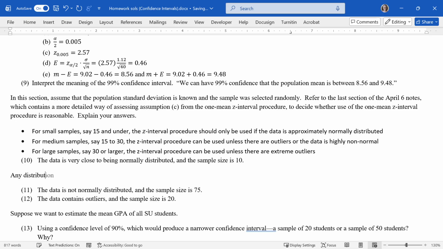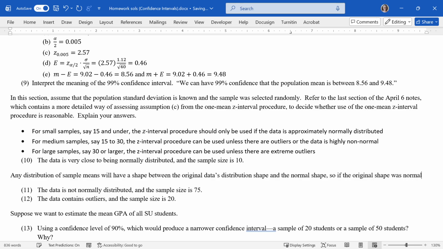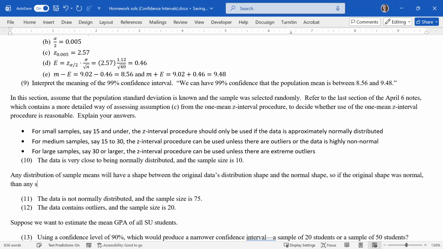Any distribution's sample means will have a shape between the original data's distribution shape and the normal shape. So if the original shape was normal, then any size sample means will be distributed normally.